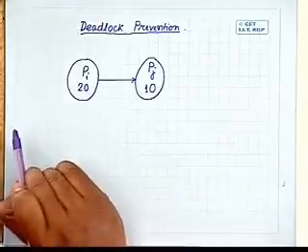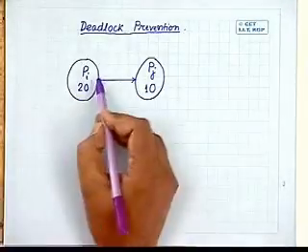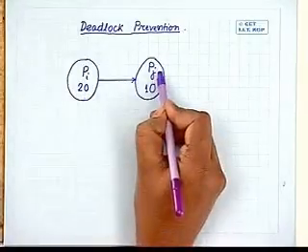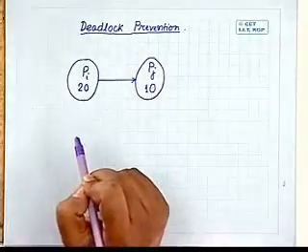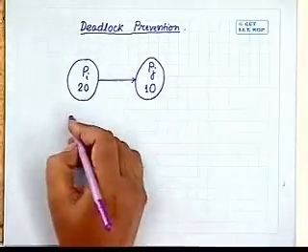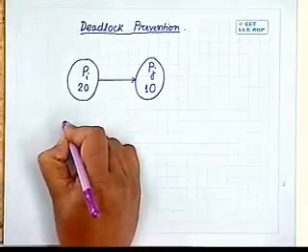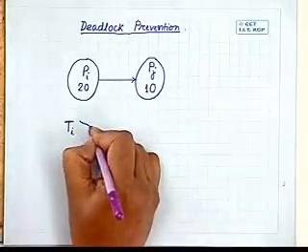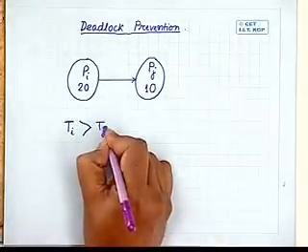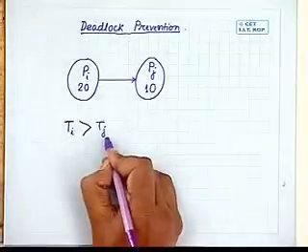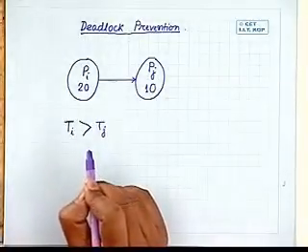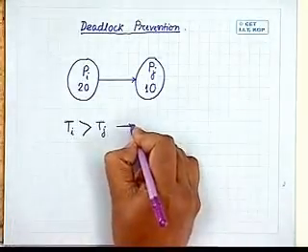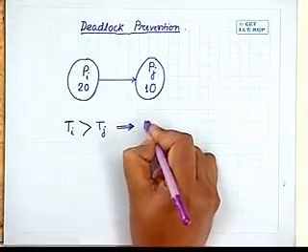Whenever process Pi is requesting a resource currently held by process Pj, you just check the time duration for which Pi has been executed and the time duration for which Pj has been executed. If the execution time already completed by process Pi, that is Ti, is greater than Tj, the already completed execution time of process Pj, then Pi will be asked to wait.